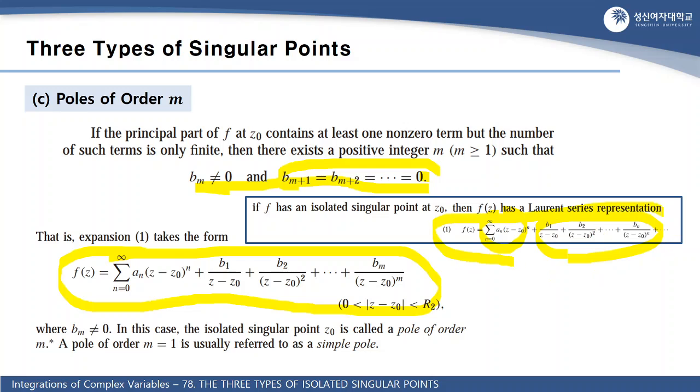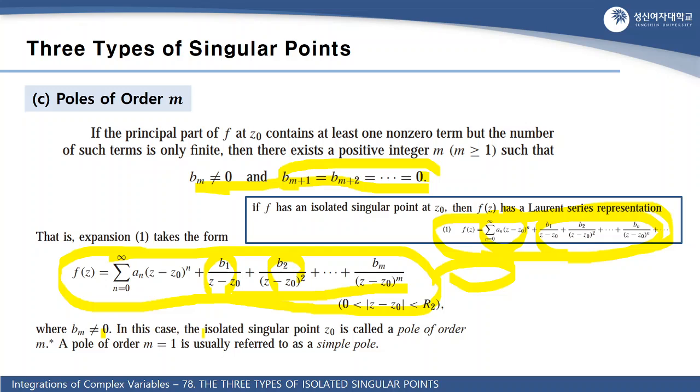So in this expression, only a finite number of terms, m terms here, arrive, except that an infinite number of terms are 0. Here b_m is supposed to be not equal to 0.